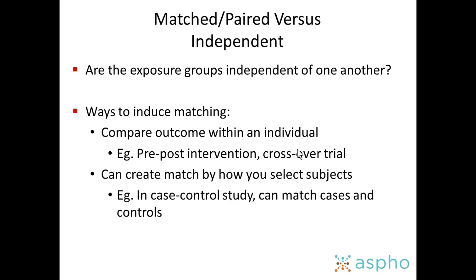And it would be very common to match 1-to-1, 1-to-2, or 1-to-3. So every patient with infant ALL, you'd find a kid without ALL, and you might match them by age, by geography, by socioeconomic status, so that for each child with ALL, there's a specific control child that's been linked to that child. And you have to account for that linking in the analysis.